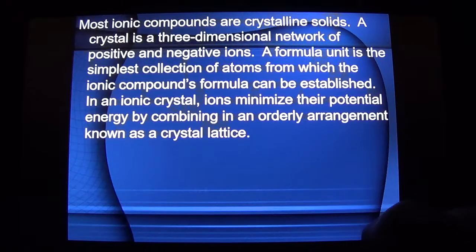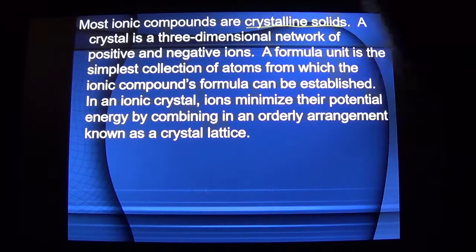All right. Now we're still in the ionic category. I want to throw a few more thoughts in. It takes a metal and it takes a non-metal. And most ionic compounds are going to be crystalline solids. What you need to get is some of the vocabulary. A crystalline solid, I already showed you some pictures, is a three-dimensional network of positive and negative ions.